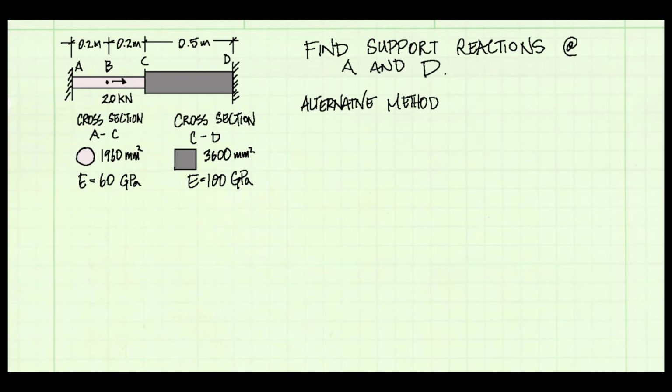When we inspect the problem, we see that because of the 20 kilonewton force being applied at point B, section AB is going to get longer. And that means that section B to D must get shorter. And the amount AB gets longer must be equal to the amount that BD gets shorter. That's what we mean by the deflections have to be compatible.